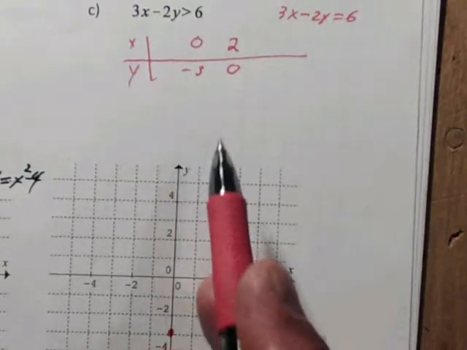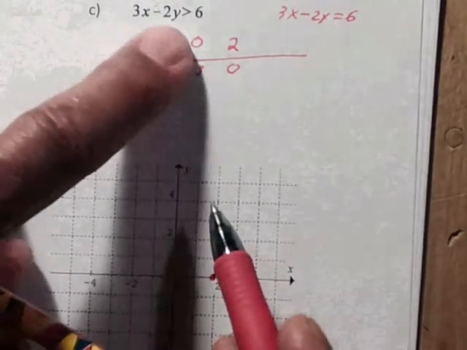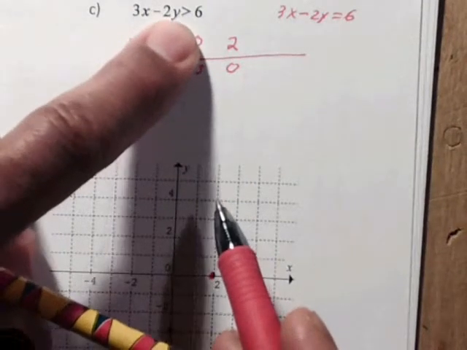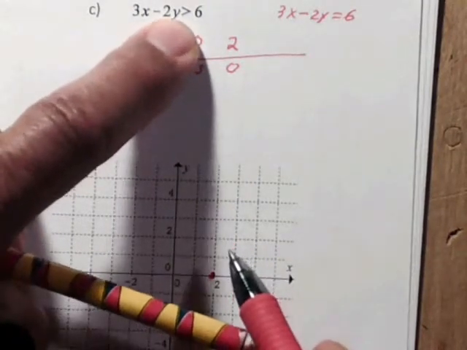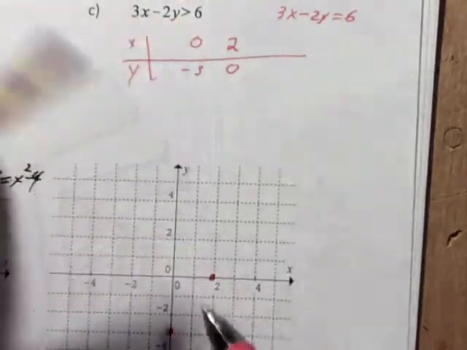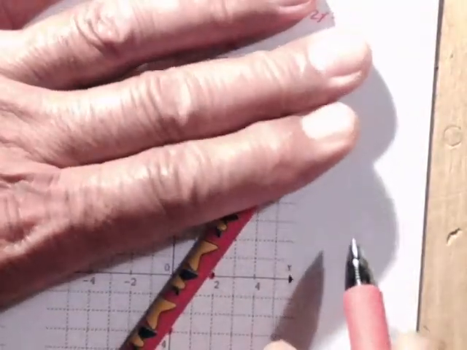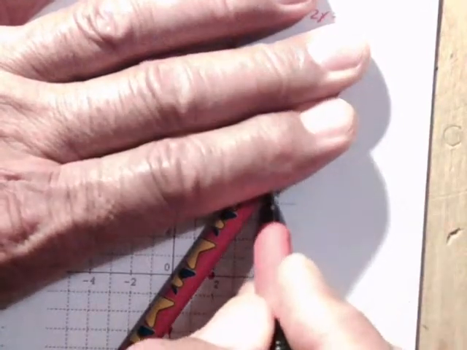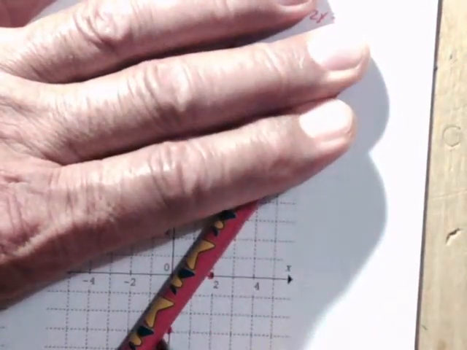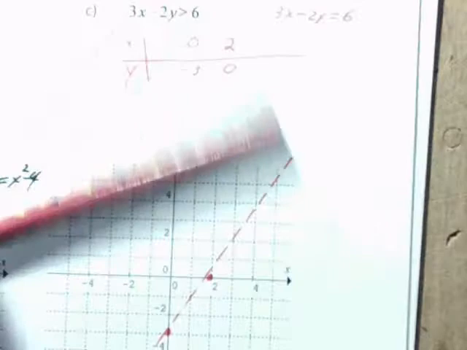Because I know it's a straight line, and I don't have equality, it's just inequality, I'm going to draw this line dotted.